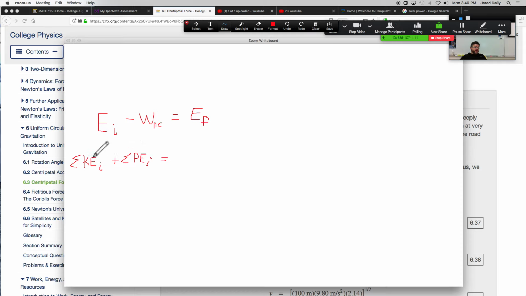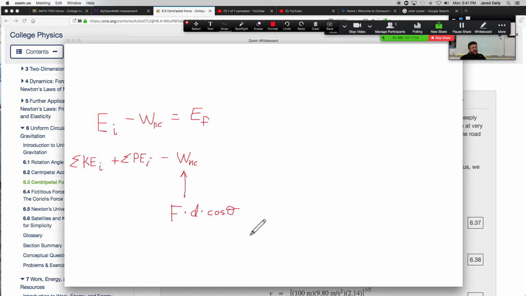So if you add up all your initial energies and then subtract off the non-conservative work done by friction. And remember, work is not something that we'll necessarily tell you. We won't necessarily tell you it did this much work. You might have to plug in the force times the distance that it was done times the cosine of the angle between them.